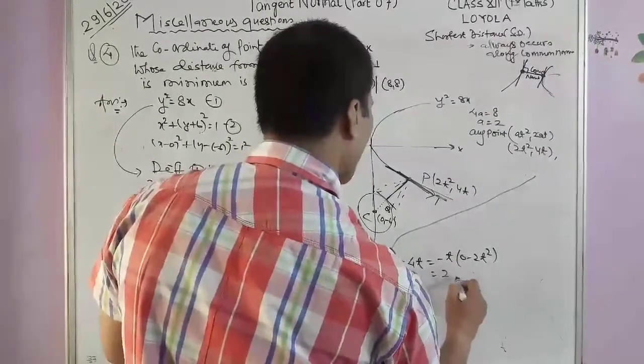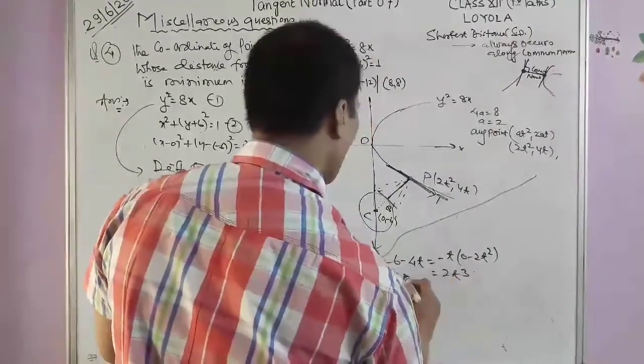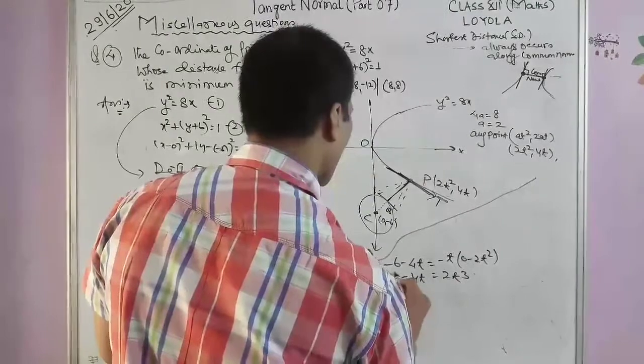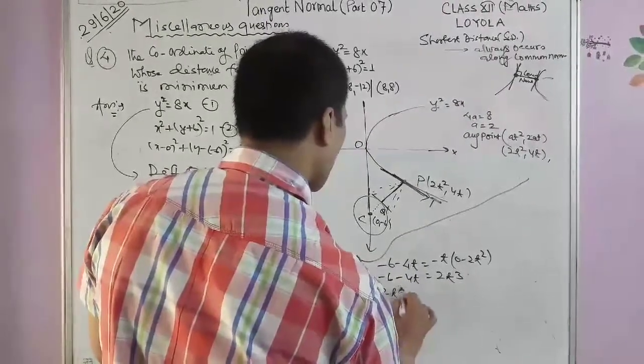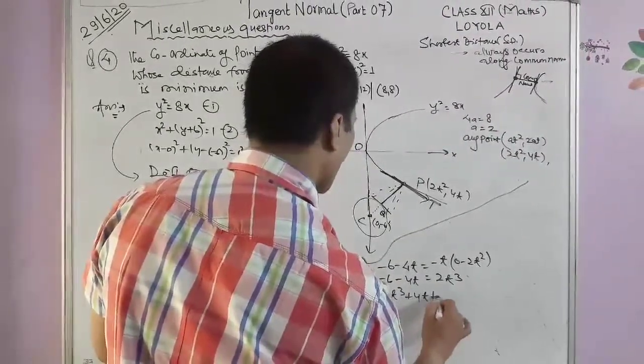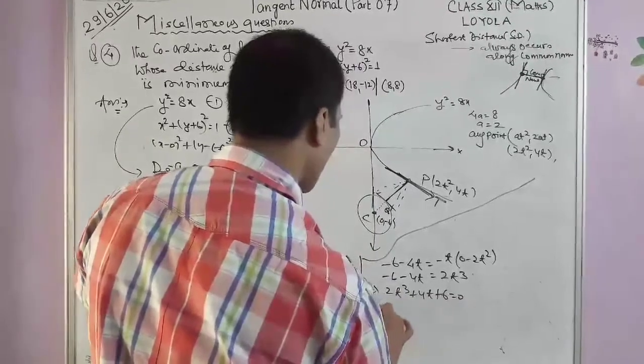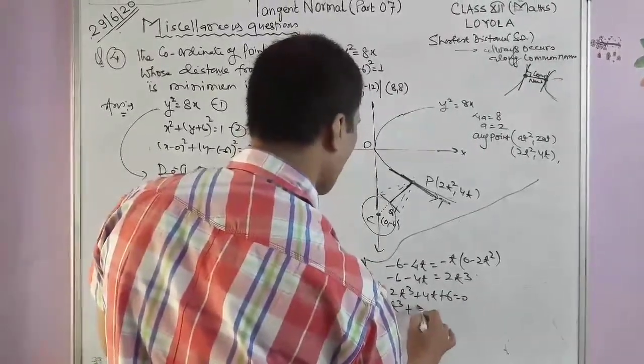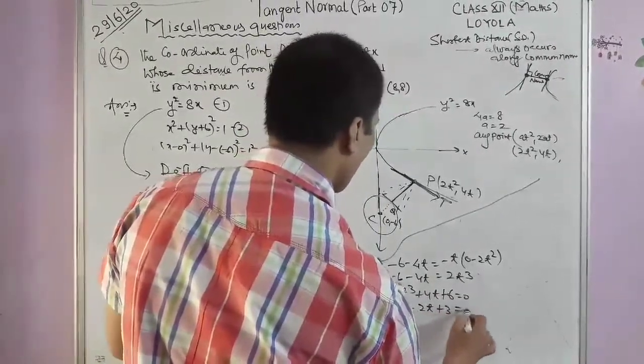This will give 2t cube plus 4t plus 6 equal to 0, and t cube plus 2t plus 3 equal to 0.